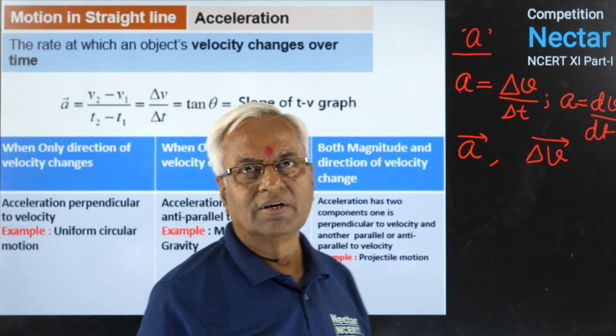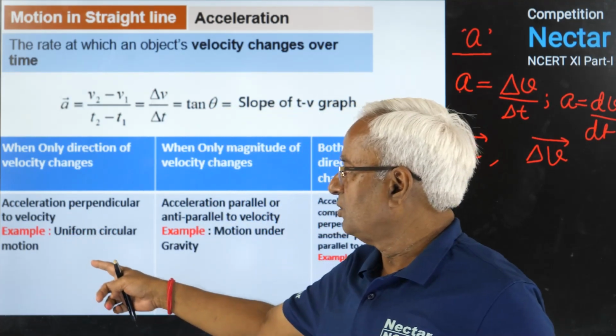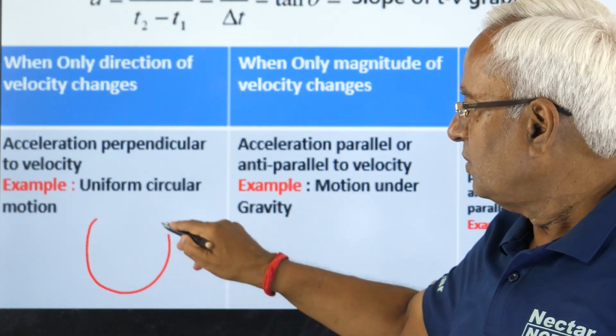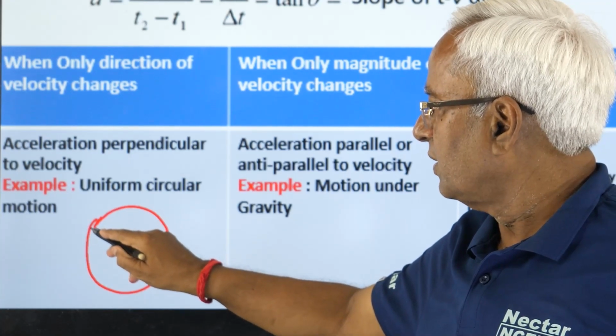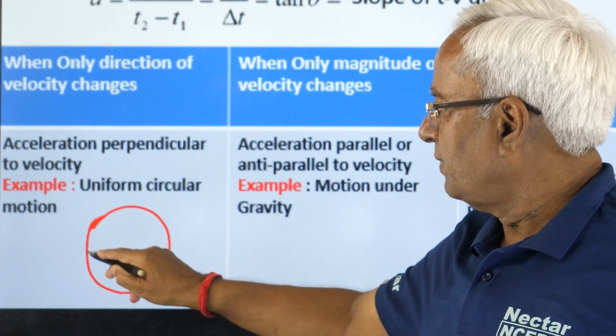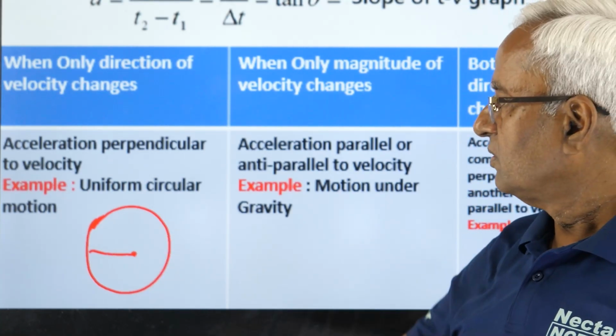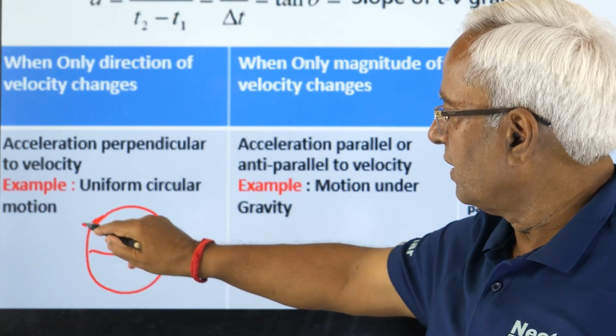One is where acceleration's direction is always perpendicular to velocity, and uniform circular motion is a very good example of this. A body is moving along a circle.